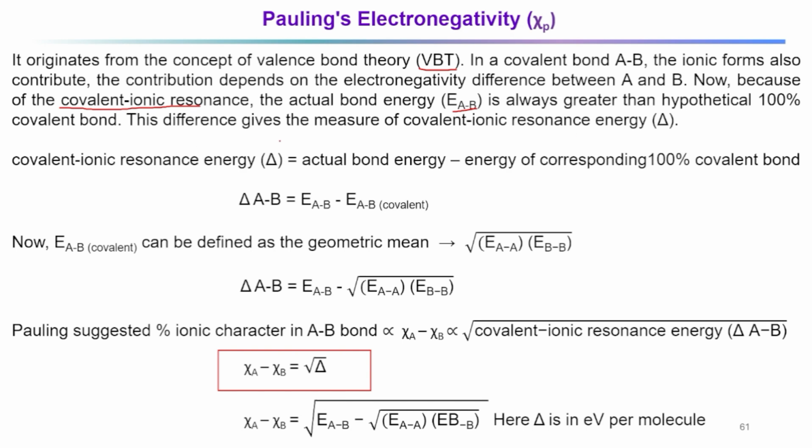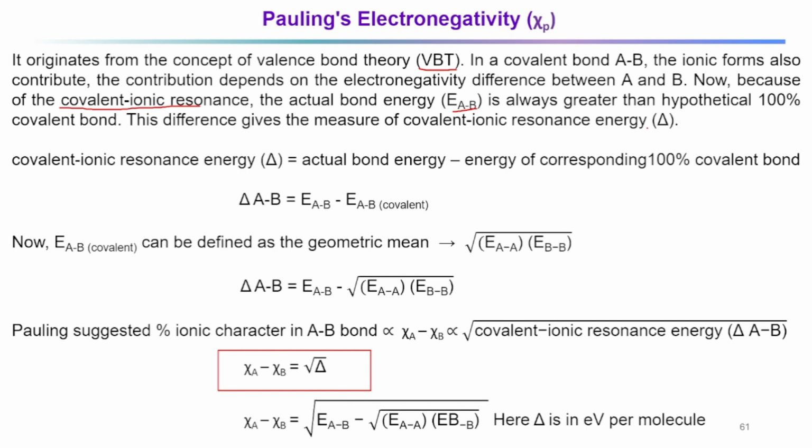So this difference gives the measure of covalent-ionic resonance energy. What happens is, you take the actual bond which has higher strength and subtract the hypothetical 100% covalent bond between A and B; the amount you get represents the covalent-ionic resonance energy.